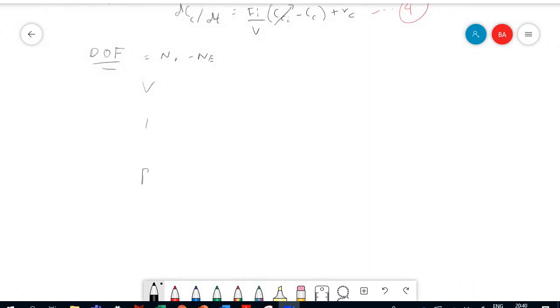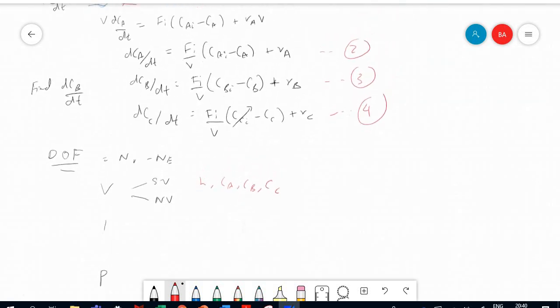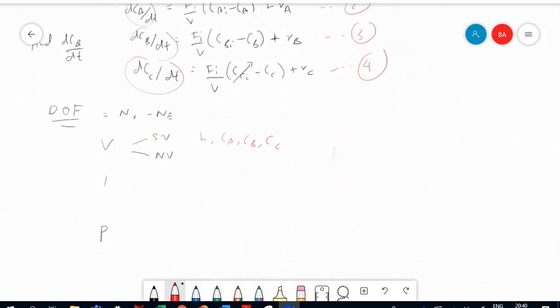The V tells me about the state variables and the normal variables. What are the state variables? I have the height, and I do have CA, CB and CC. Of course, the state variables are the ones with differential equations, so I can see the differential terms here. This is why I have kept them as state variables.